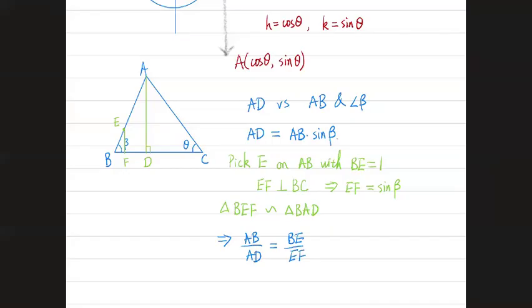From our construction, we know BE is 1 and EF is sine beta. So from here, by cross multiplication, we conclude AD is AB times sine beta.